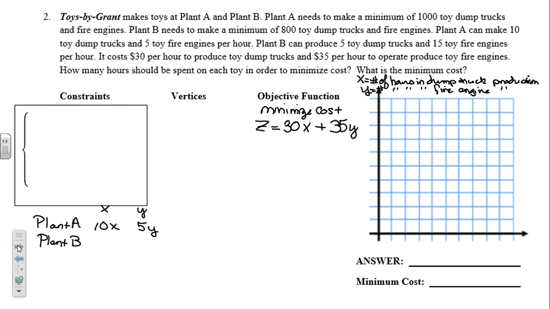We have dump trucks per hour times hour. What's my net result? The trucks. How many trucks can we make at plant A? A minimum of 1,000, right? We're talking dump trucks times hours, fire engines times hours, so we're getting dump trucks and fire engines total of 1,000.